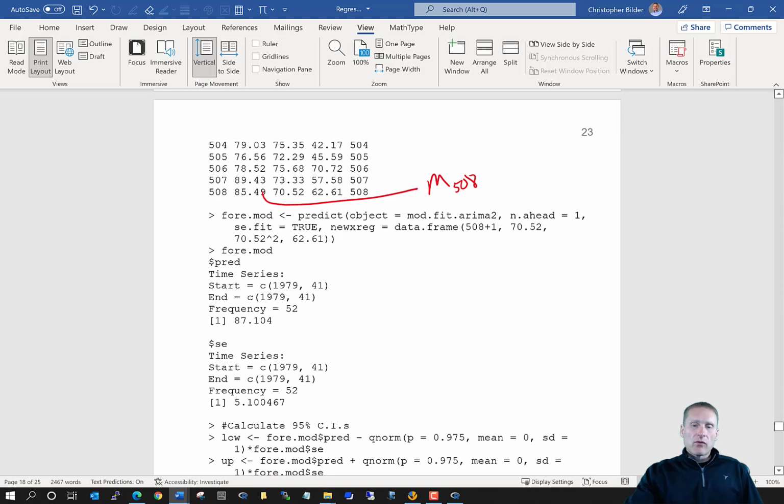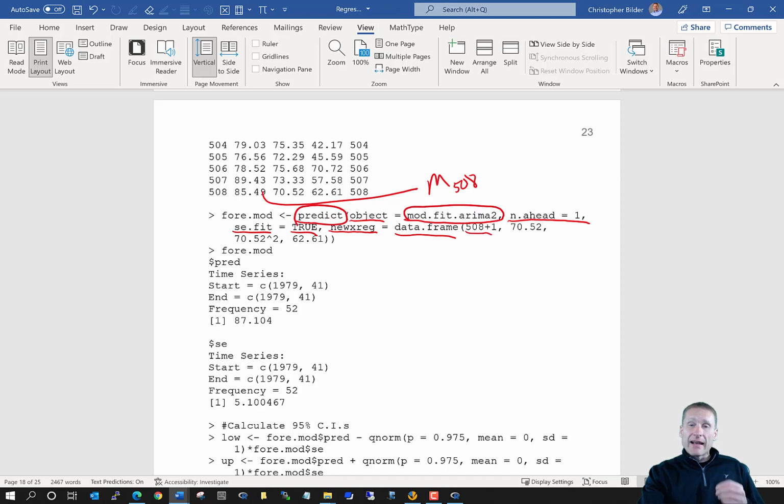To do the forecasting, I can use the predict function, as we've seen before. Object equal, here's where my model fit is. I'm using that AR2 model for the corresponding error terms. N dot ahead, how many time points do I want to go ahead? Just one. SE.fit equal true, so I get my standard errors. And then I have a new argument here, new xreg. This is where I put together what these future values would be.